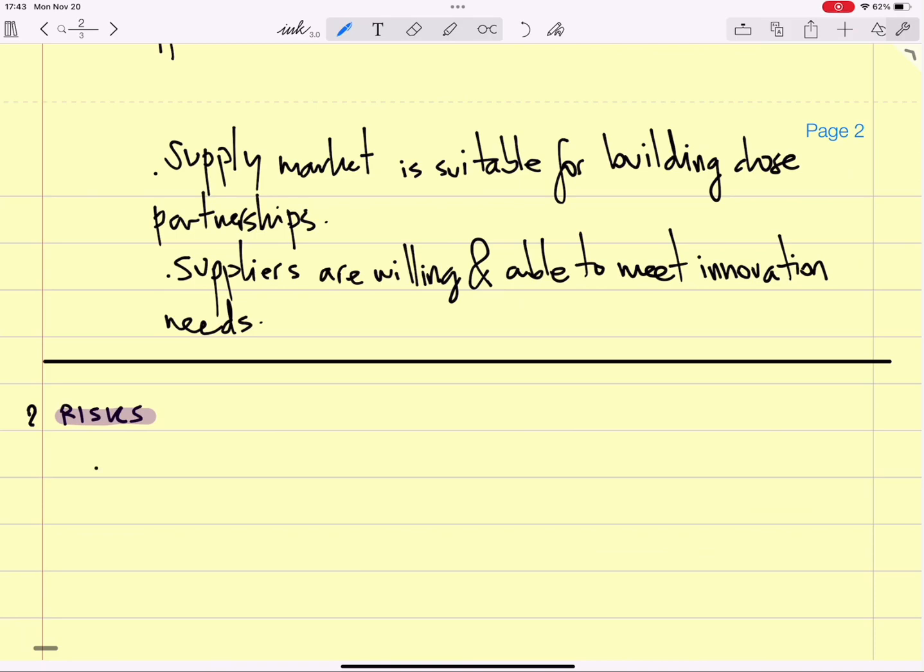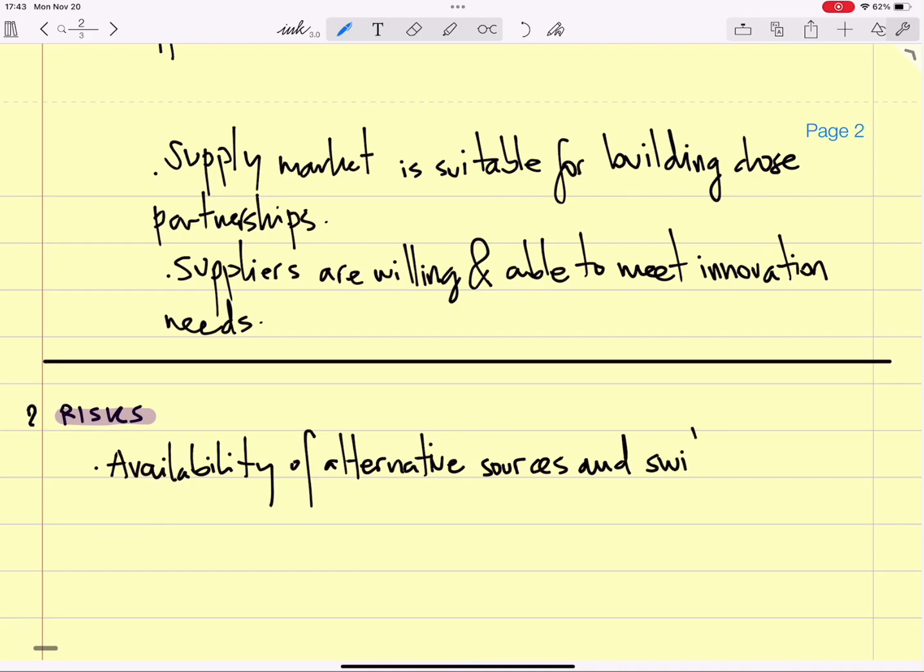So the first one is the availability of alternative sources and switching costs.